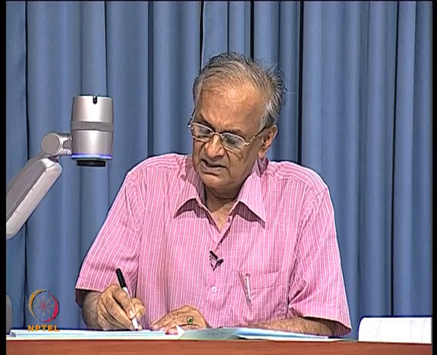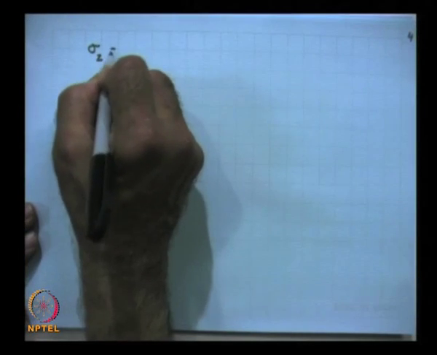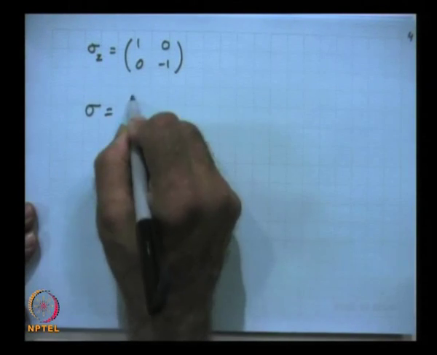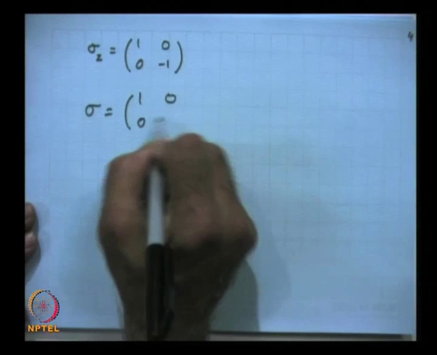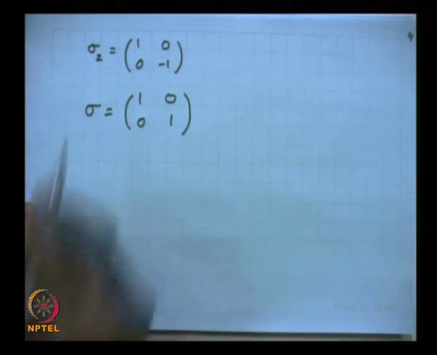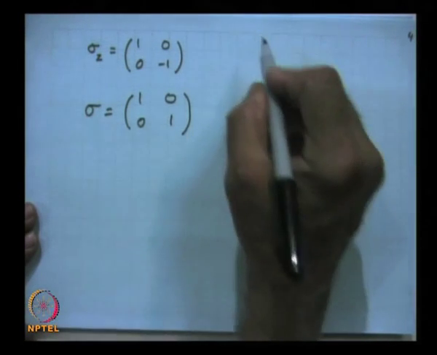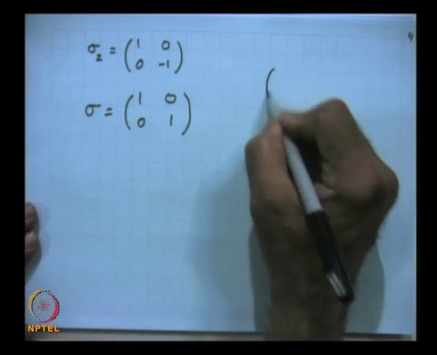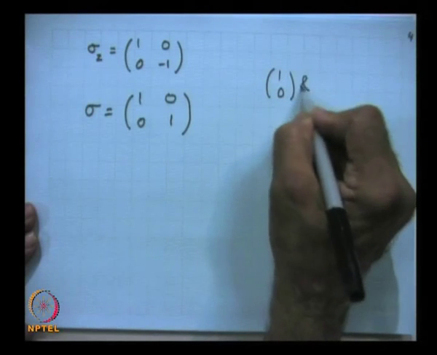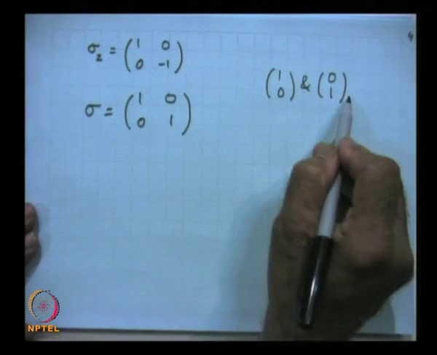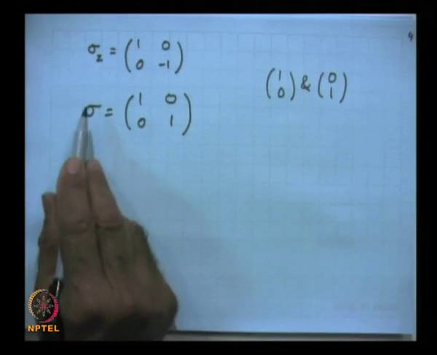Similarly, if we take these Pauli spin matrices, sigma z, 1 0 0 minus 1, and sigma again the same matrix 1 0 0 1, then sigma z and sigma commute with each other, and the simultaneous eigenkets are 1 0 and 0 1.